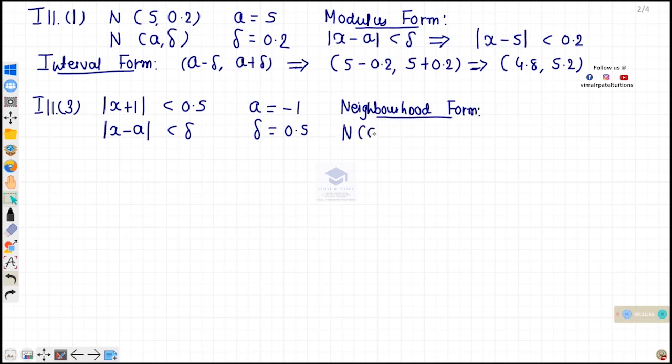N bracket a and delta. Okay, then interval form.